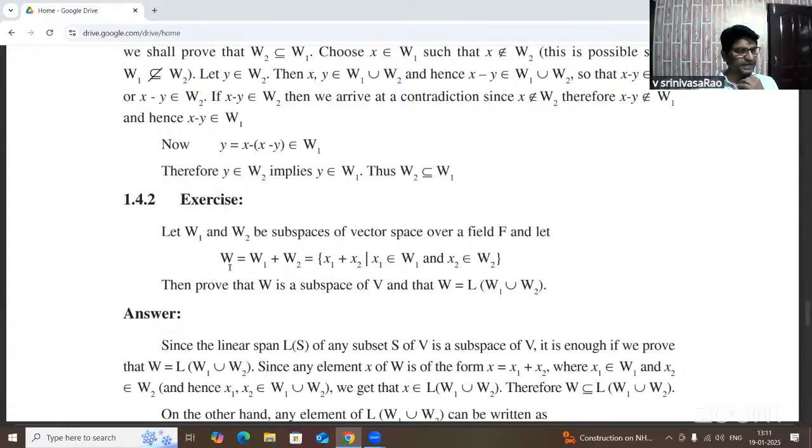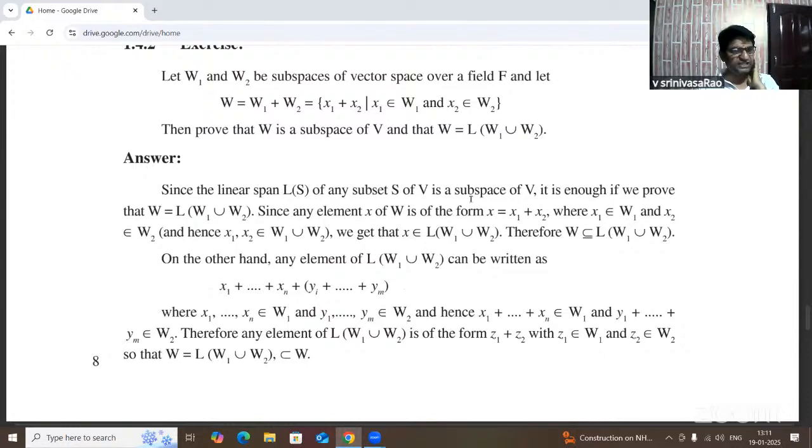That is simply notated as W equals W1 plus W2 equals the set of X1 plus X2, where X1 belongs to W1 and X2 also belongs to W2. So the sum of the subspaces is also a subspace.